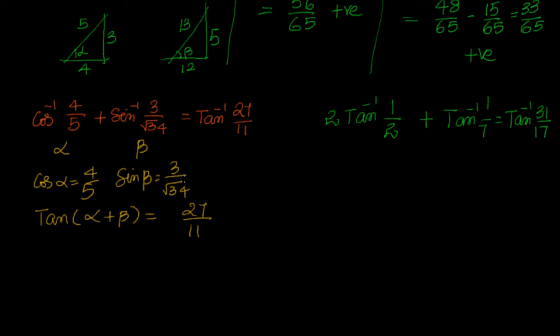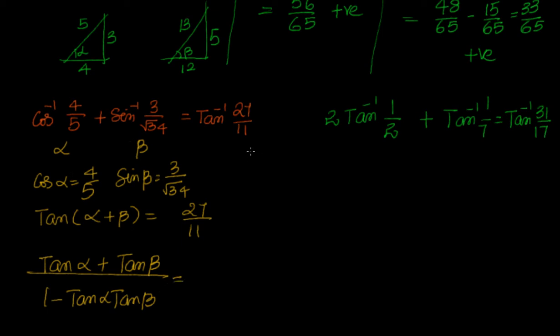Now I have cos alpha, sin beta. So what is tan alpha plus beta? Tan alpha plus tan beta by 1 minus tan alpha tan beta. Now we know cos alpha equal to 4 by 5.